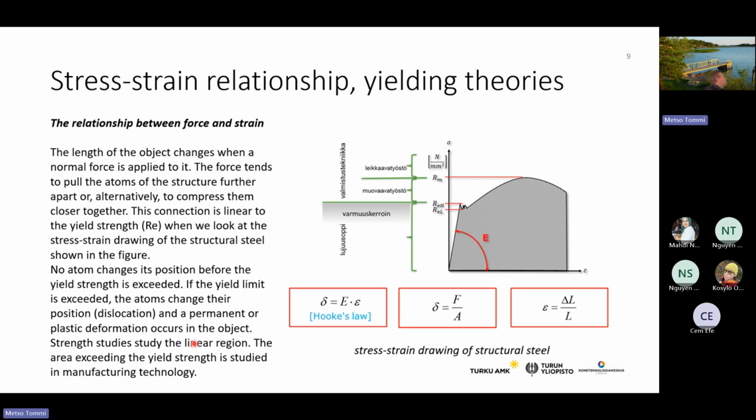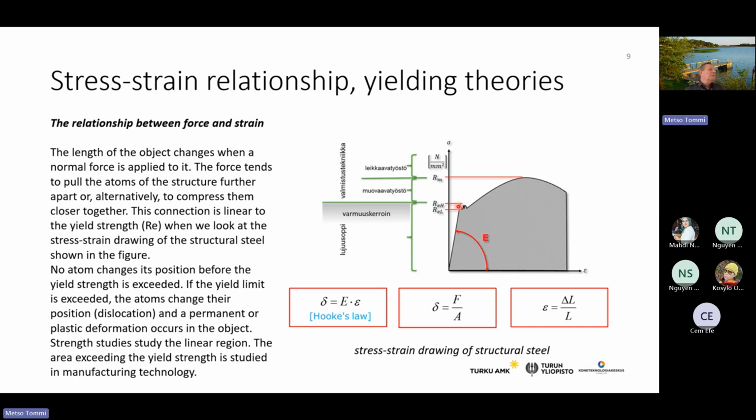This is an important picture. I have translated those, but I tell you what they are. So this area is the strength of material area, and we can't go over the yield strength, because if we do, plastic deformation happens.